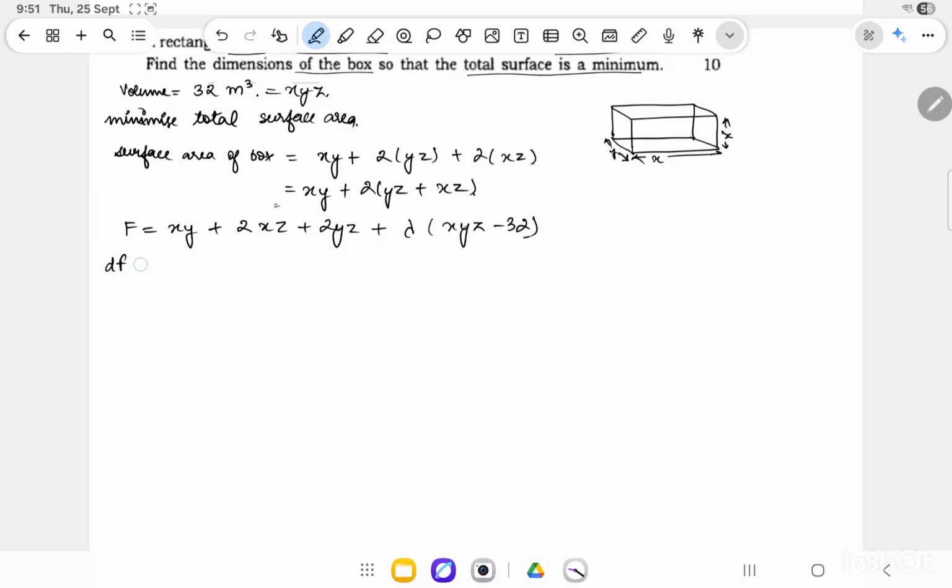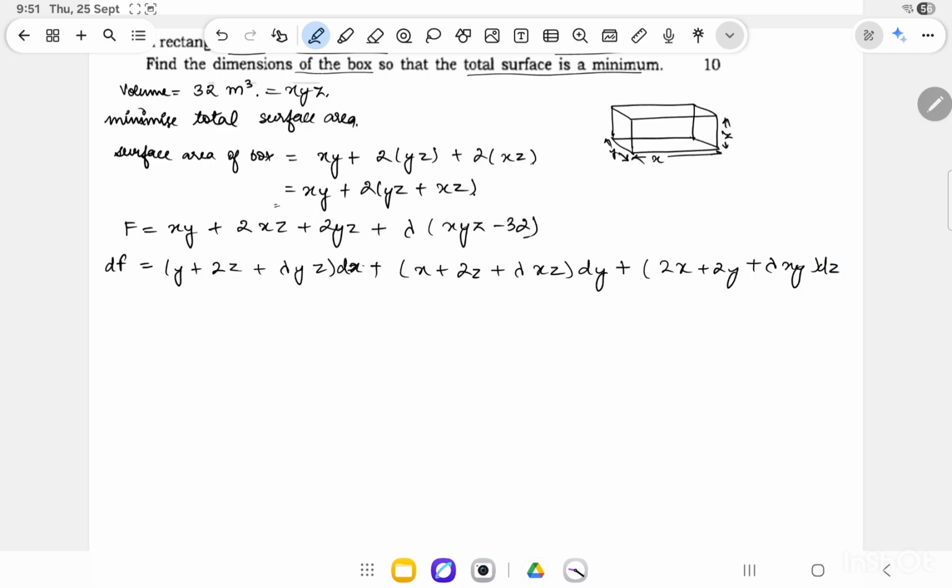So its total derivative will be (y plus 2z plus lambda yz) into dx plus (x plus 2z plus lambda xz) into dy plus (2x plus 2y plus lambda xy) into dz.